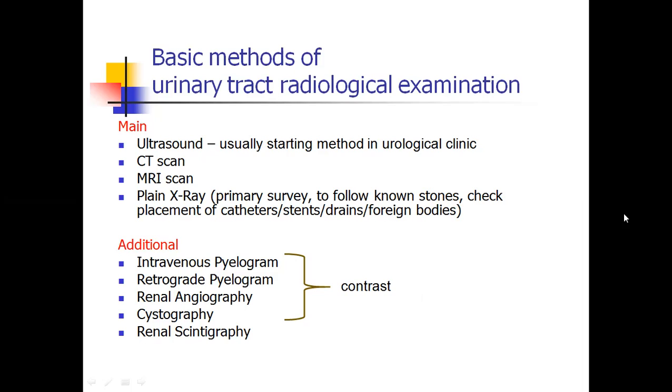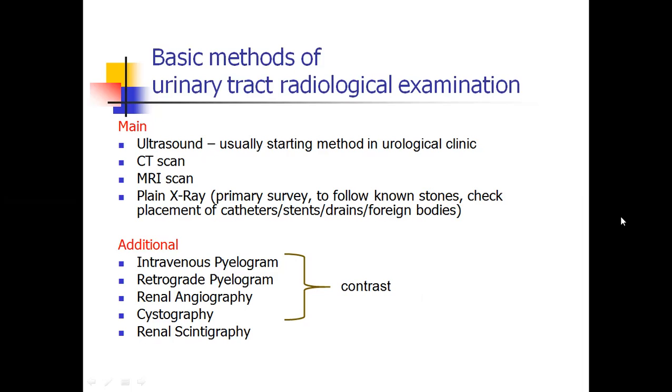CT and MRI scans, as for other organs, can present images in great detail, and plain X-ray is of limited use, only for primary survey, to follow known stones, to check placement of catheters, stents or drains, or for finding foreign bodies.